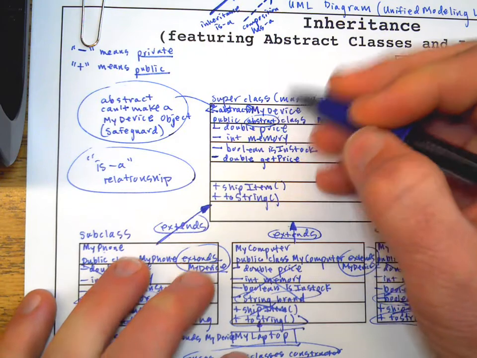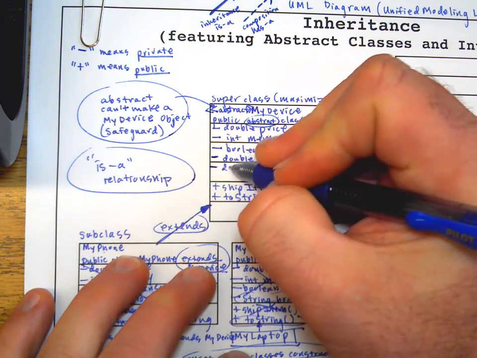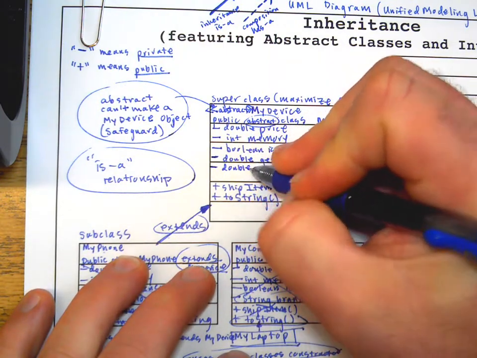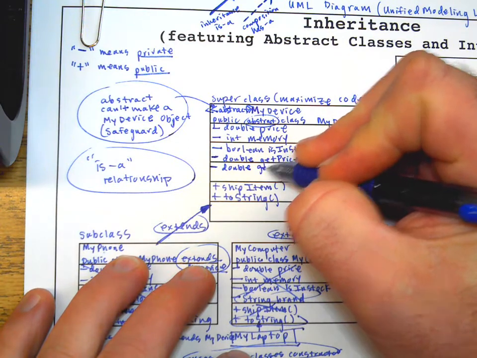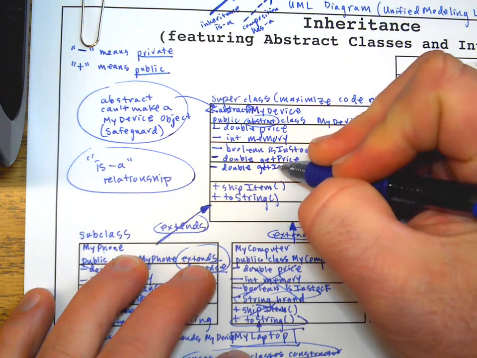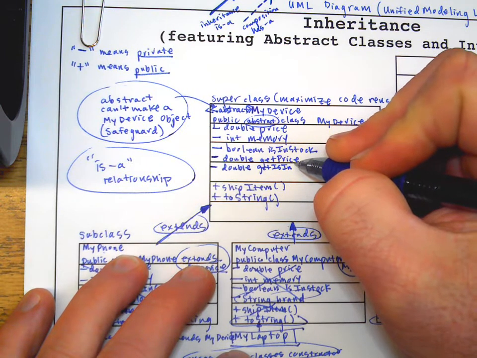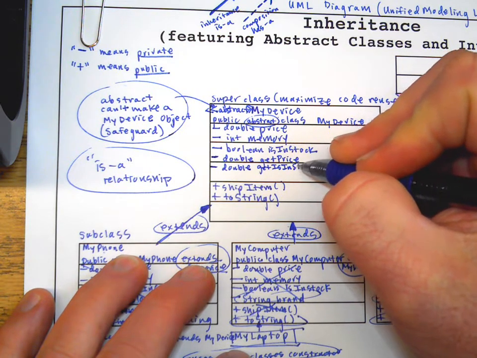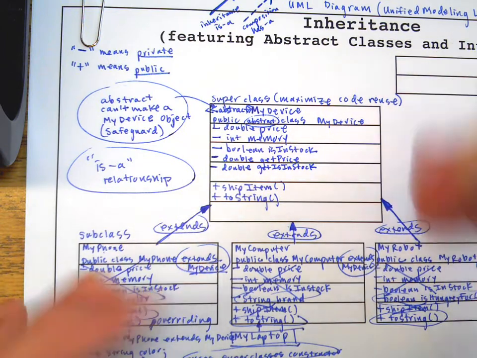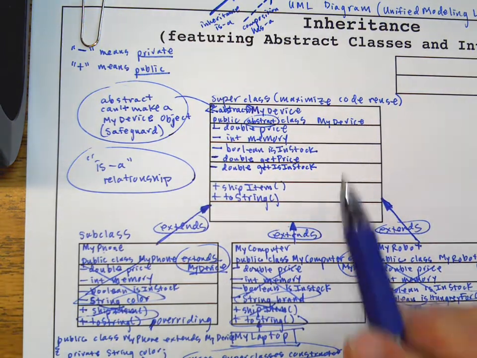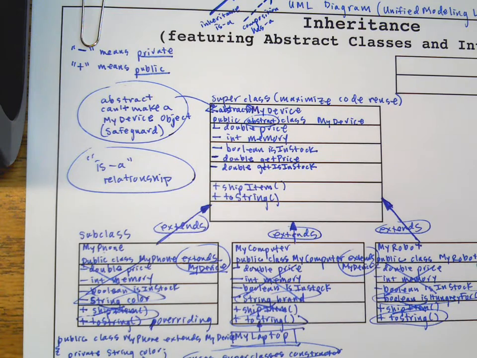Those are private instance variables there. And then we also need another getter accessor method for getIsInStock. So you want to add these to your superclass, your MyDevice class. They're just standard getters, and then you're going to be using them in the driver.